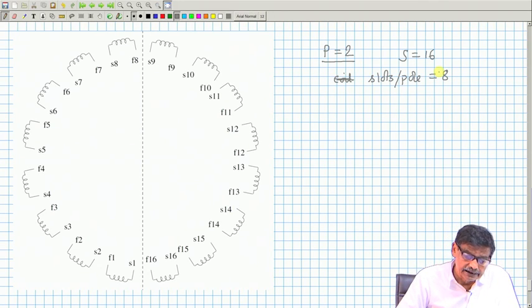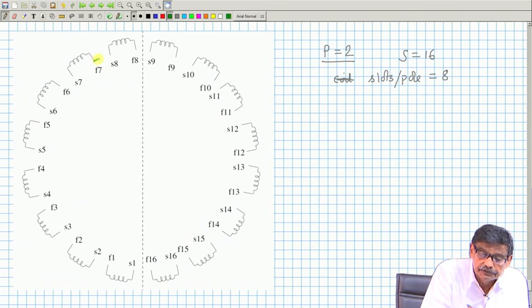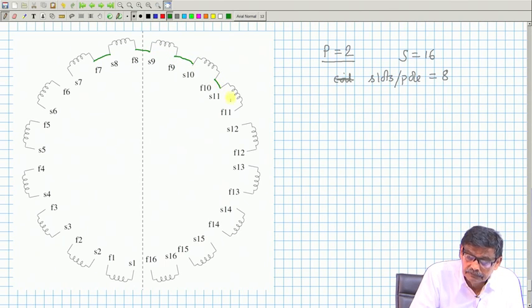And with the understanding that the start of the coil is under north pole, and all the coils are connected in series, of course. So, that thing I quickly do, so that you see what will happen if the number of poles is equal to 2, not 4. As I told you, all the coils should be connected in series.